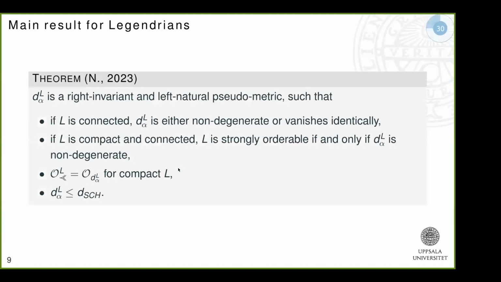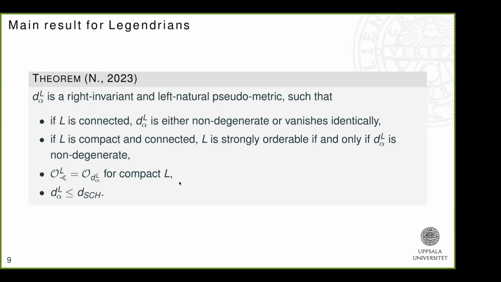So now we have a similar result to before for Legendrian isotopy classes, namely this d alpha is again a right invariant and left natural pseudometric. And if L is connected, we know that it is either non-degenerate or vanishes identically. If L is in addition also compact, then it is non-degenerate precisely when L is orderable.